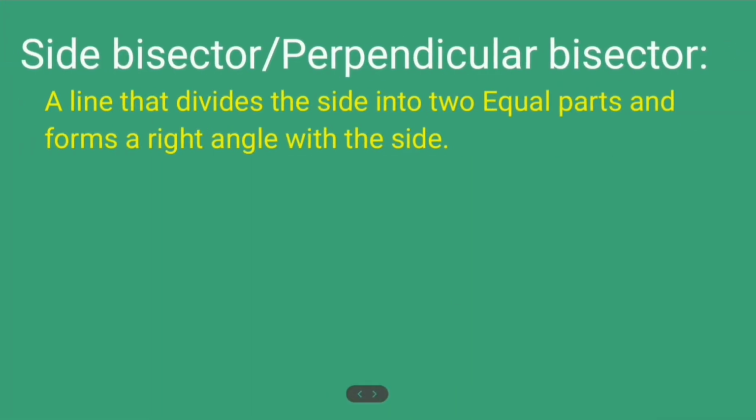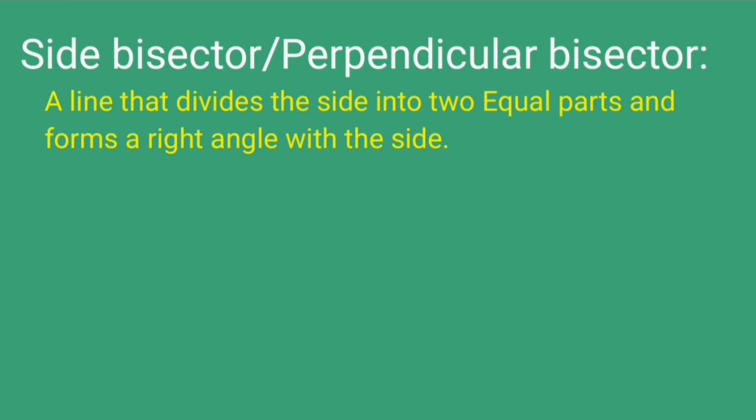Next. Angle bisector and incenter properties are completed up to now. Now next is perpendicular bisectors. Perpendicular bisector is also called side bisector. A perpendicular bisector is a line that divides the side into two equal parts and forms a right angle with the side.